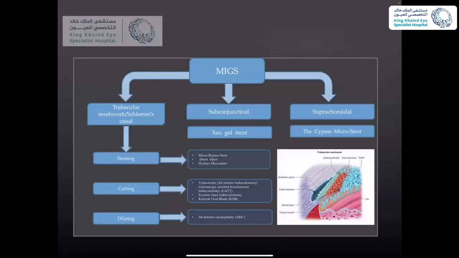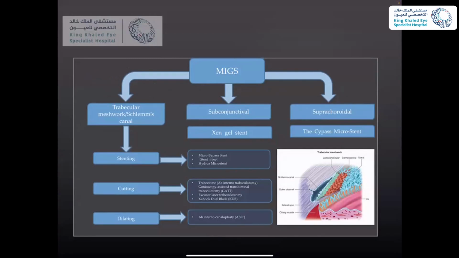MIGS is divided into 3 groups, depending on the area you're working on. Either you are working in the trabecular meshwork or Schlemm's canal, or you're creating an opening to the subconjunctival area, or there is a connection to the suprachoroidal area, which is done by the CyPass microstent, which was withdrawn from the market.